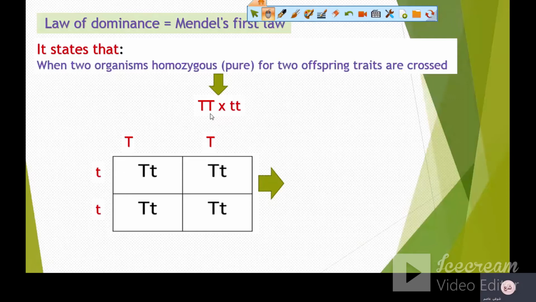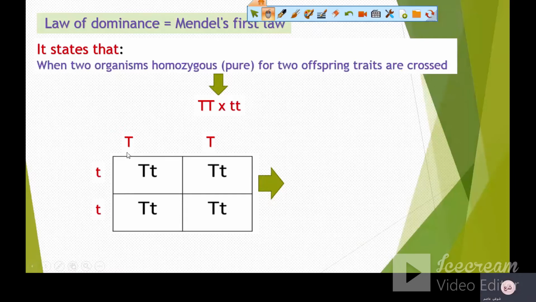Let's try to do the Punnett square to predict the produced offsprings. So after doing this Punnett square, this T capital and T capital, the first two alleles, will be crossed with T small, the second two alleles.